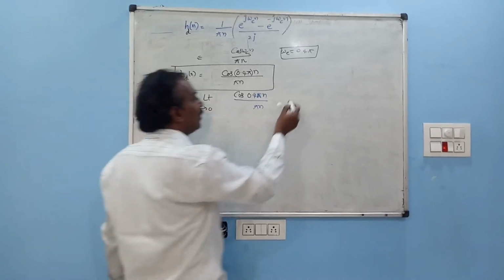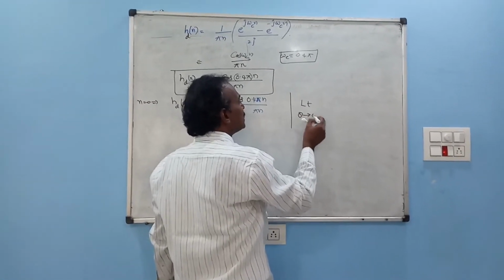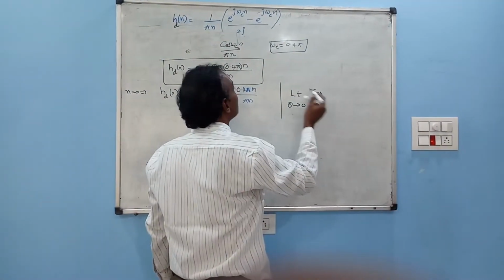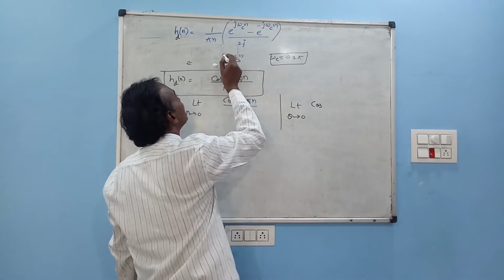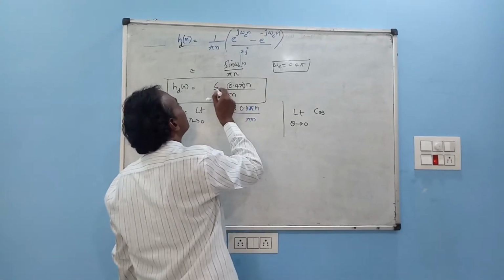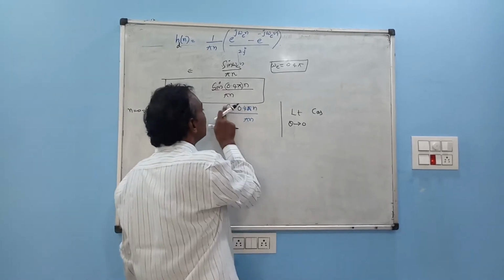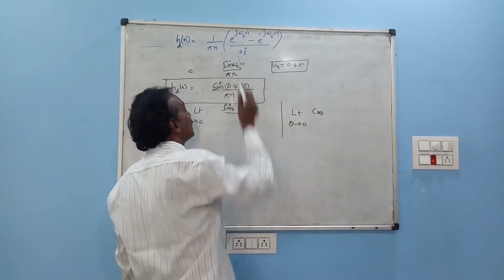We know the standard limit formula, limit theta tends to 0. It is not cos, it is sine, sine omega c, right?